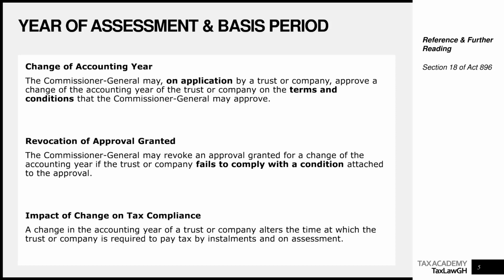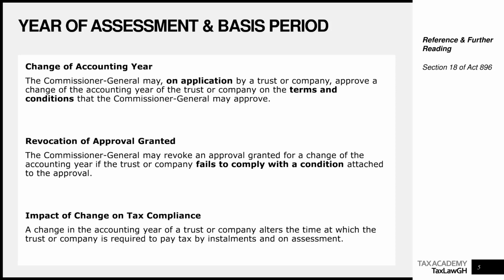It is possible for a company that wants to change their basis period to write to the Commissioner General to apply for approval or permission to change their accounting year. The Commissioner General reserves the right to either accept or reject this application for the change of the year and the basis period or the accounting year.